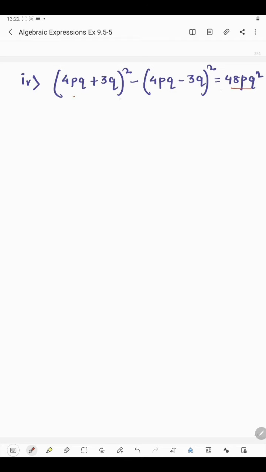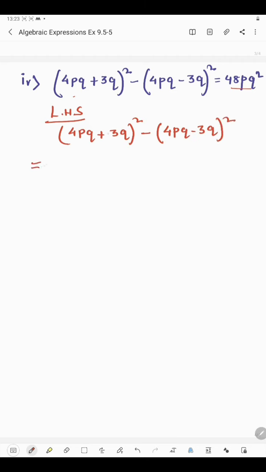And how to solve the left hand side? So we'll write at first (4pq + 3q)² − (4pq − 3q)².